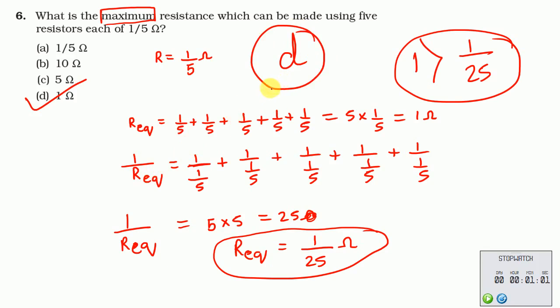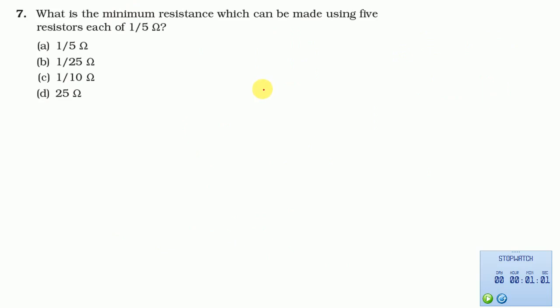Chalo. Next. The question is not the same. It is saying, what is the minimum resistance which can be made using 5 resistors each of 1 by 5 ohm? Here it was maximum, here you have minimum, right? So time is started. Same type of question, difference being only in maximum and minimum.